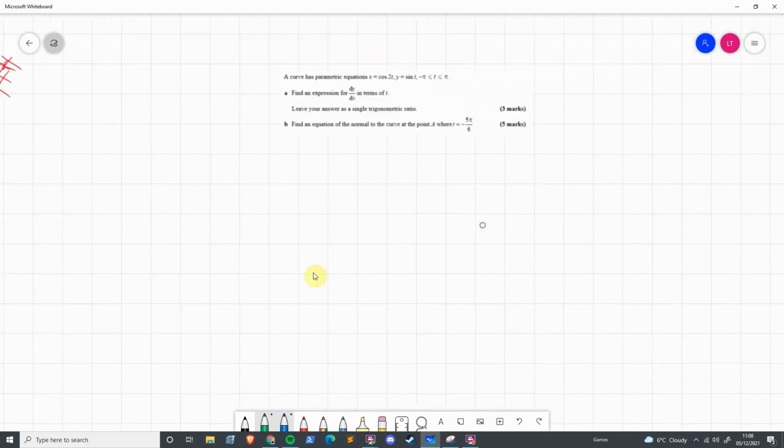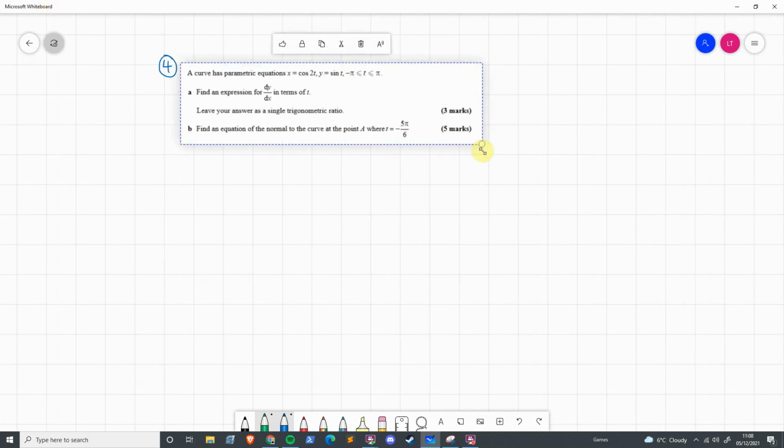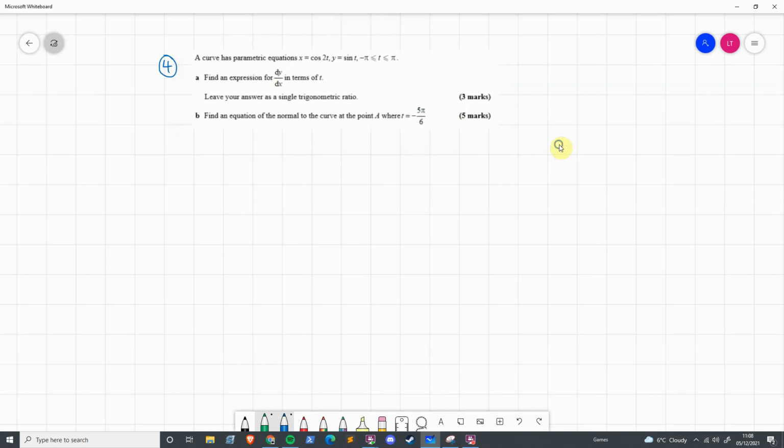Okay, and then final one, question 4. Parametric equations, lovely. So, a bit of a refresher on how we do our parametric equations.